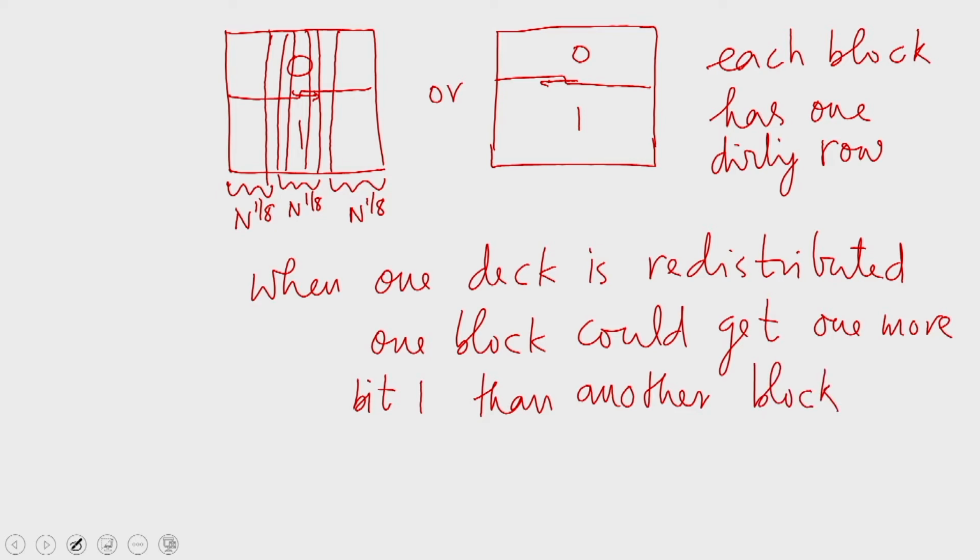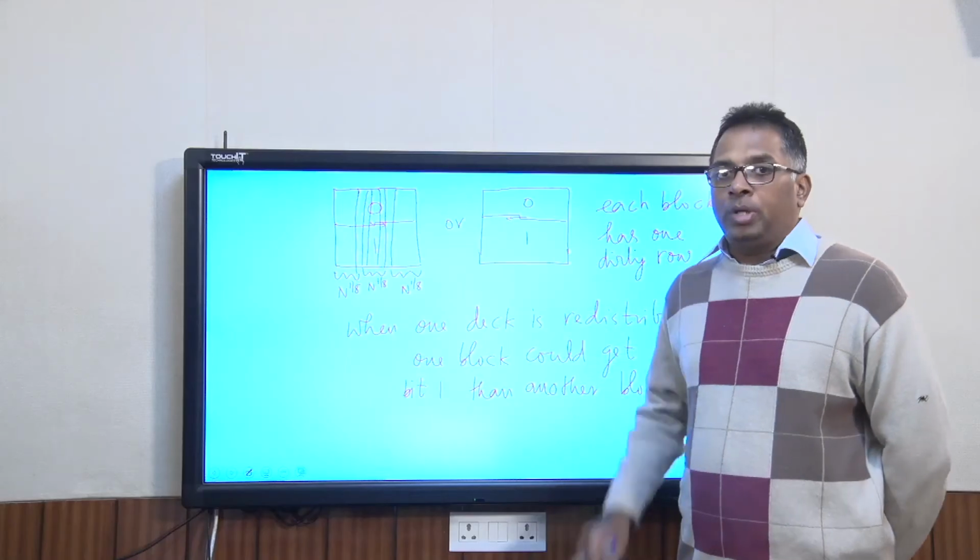That is, redistributing a deck in this fashion can introduce an asymmetry of 1 between two recipient blocks.